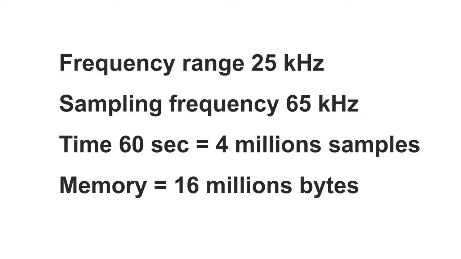When one sample needs 4 bytes, then it is 16 megabytes for one measurement. It is a huge number and most analyzers cannot do it. The ADAS analyzers have such long signals available, but if we were saving such huge signals to the memory, then we would have to work with gigabytes.